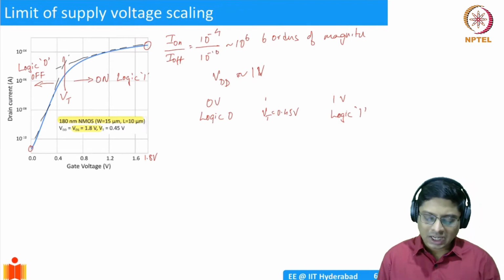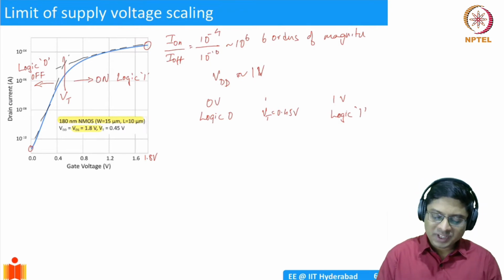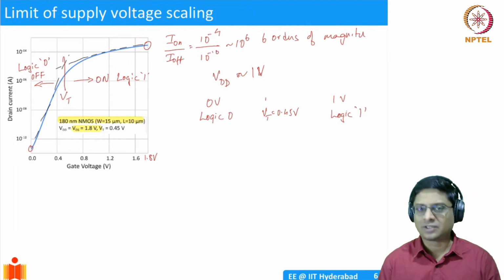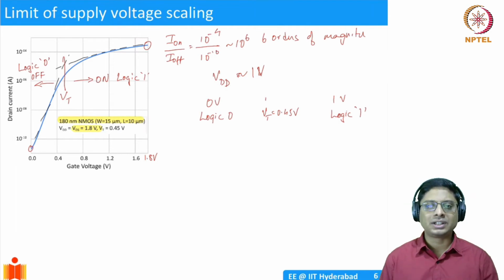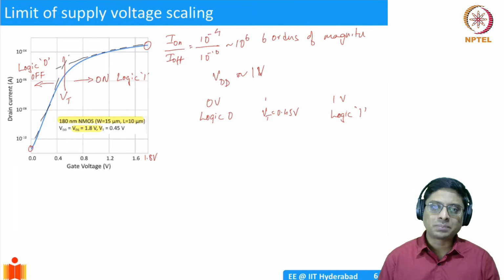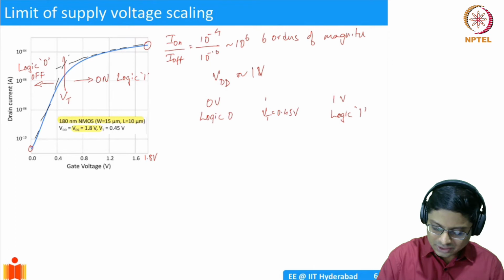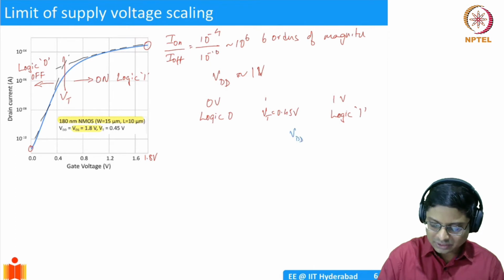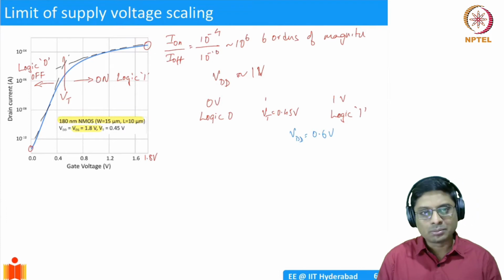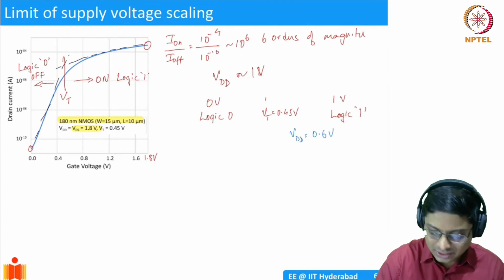So what prevents me from reducing my supply voltage? After all, I can build a battery with 0.6 volts. The reason is that if I reduce this, say VDD equal to 0.6 volts, the margin I have for logic high changes.